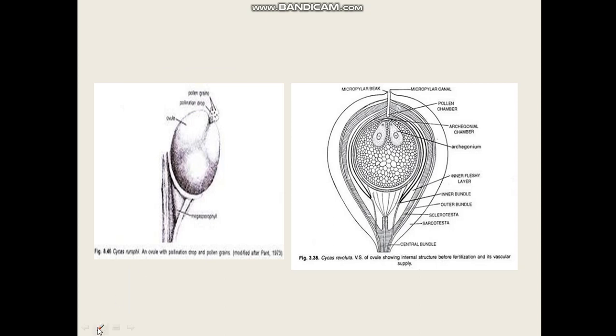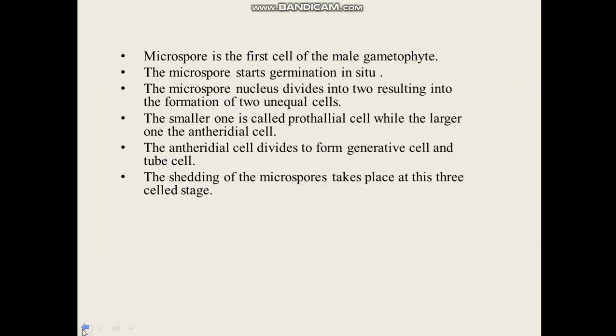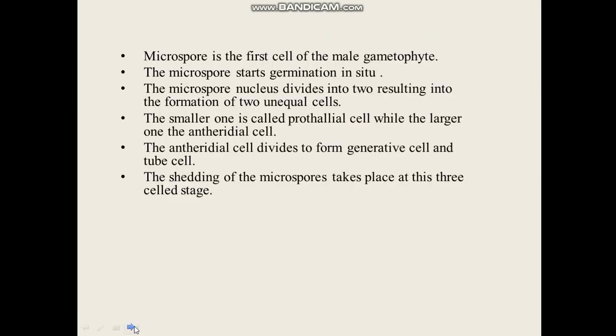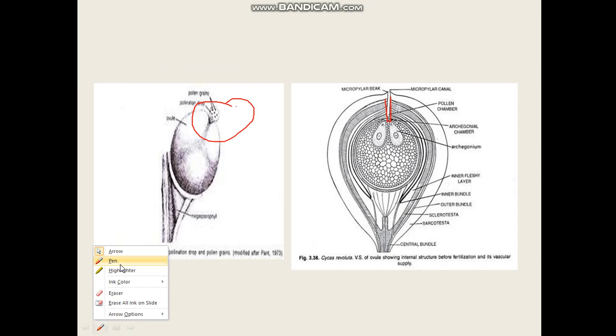Now you will see here that before the shedding of the microspores, the development of the pollination drop takes place. Some cells of the nucellar beak dissolve and form the pollination drop, and this pollination drop consists of mucilaginous substance.